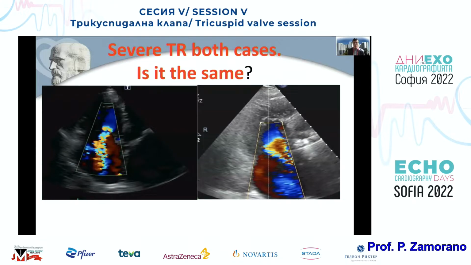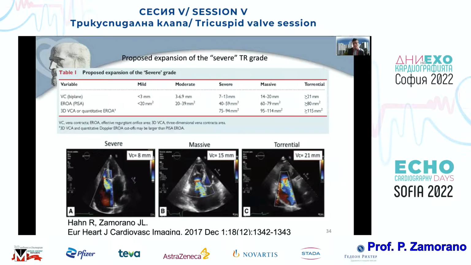And the next question is, well, here you can see two patients with severe TR. But is the prognosis the same for both? This is why we published with Becky Ham a new classification that has recently been used in most of the trials with tricuspid regurgitation devices, and also included in the guidelines. You can see that the new classification for grading tricuspid regurgitation is mild, moderate, severe, massive, and torrential.